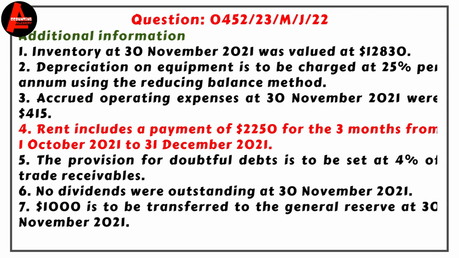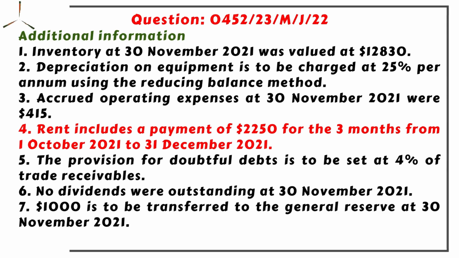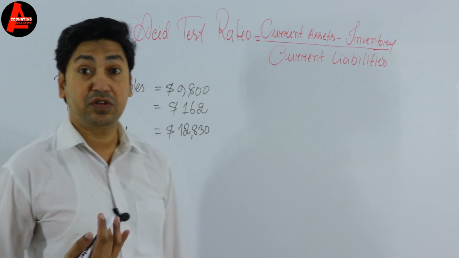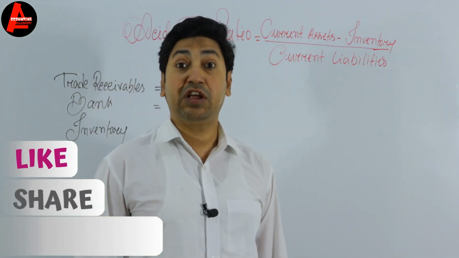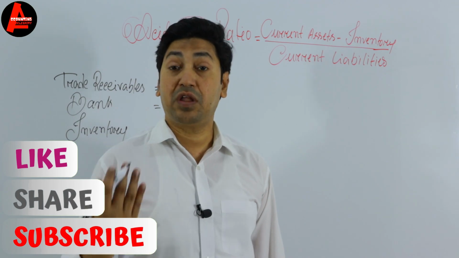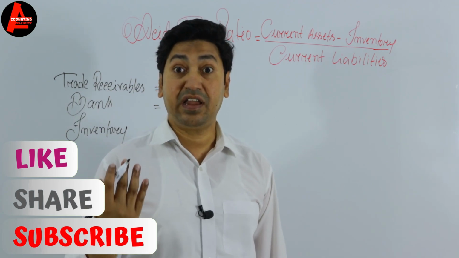Now we have one more adjustment. Let us have a look at the question. Number 4, rent includes a payment of $2,250 for 3 months from 1st October 2021 to 31st December 2021. So here our financial year ended on 30 November 2021, but here rent is paid until December. That means 1 month rent is paid in advance.